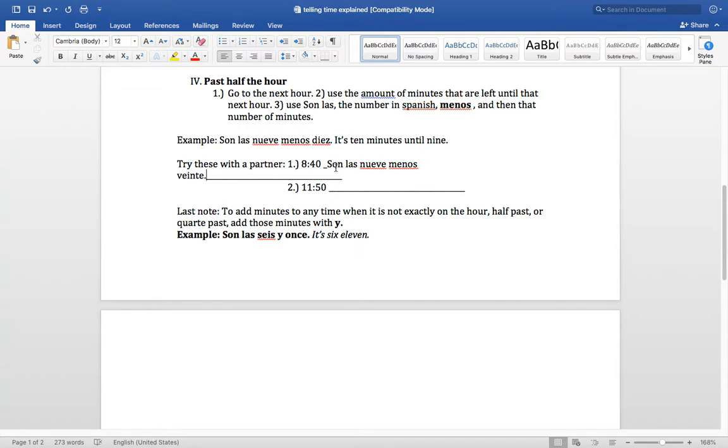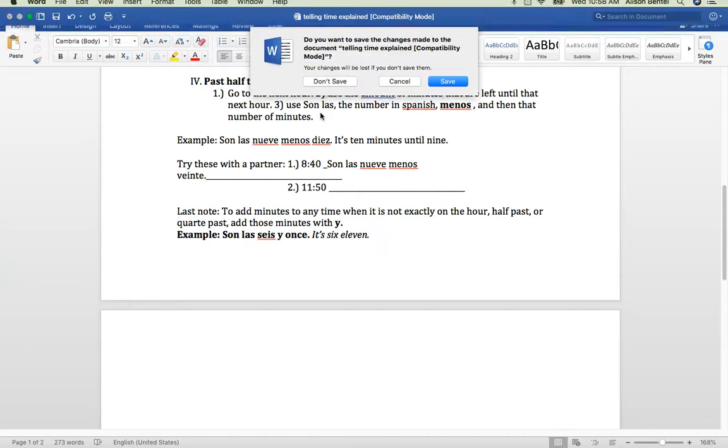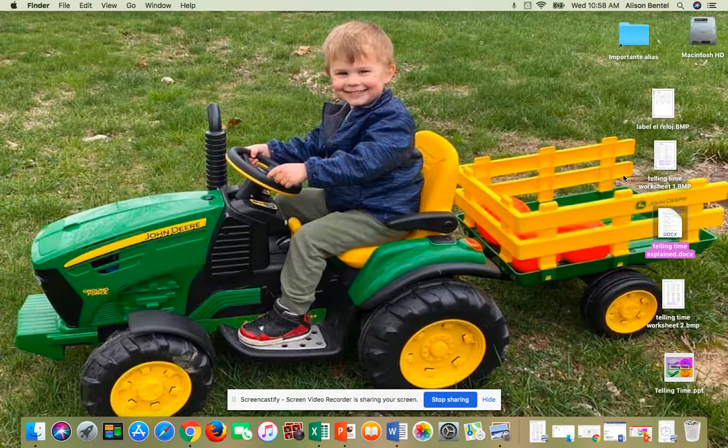You would go to the next hour like it's 9 o'clock minus 20 minutes instead of saying son las 8:40. You could say that, but again, most Spanish-speaking people do not. They tell time this way, going to the next hora, the next hour, and subtracting however many minutes are there.